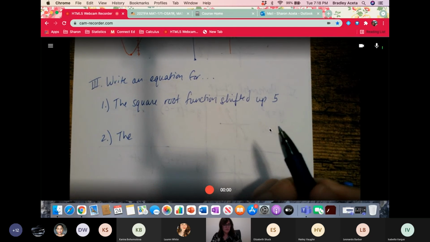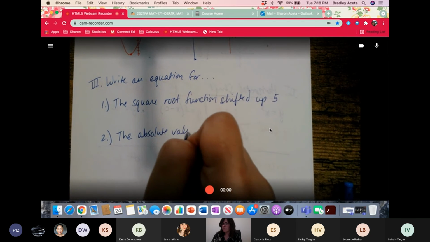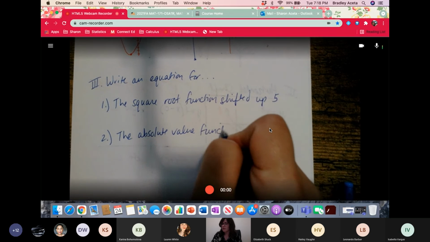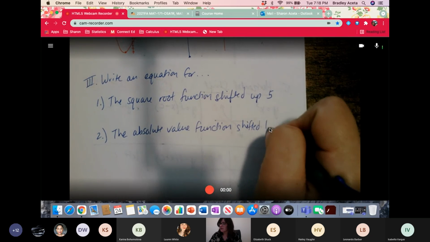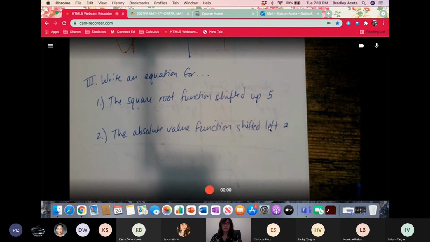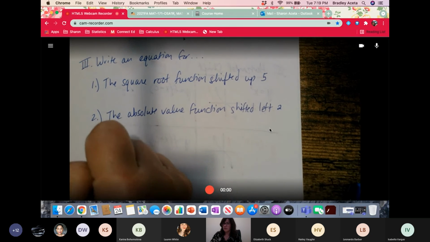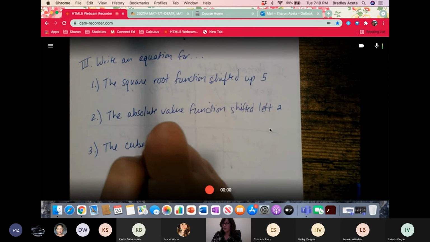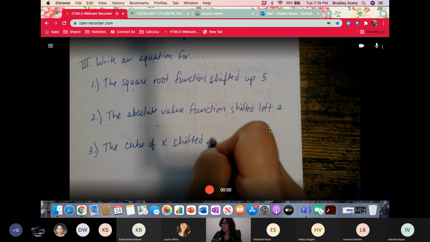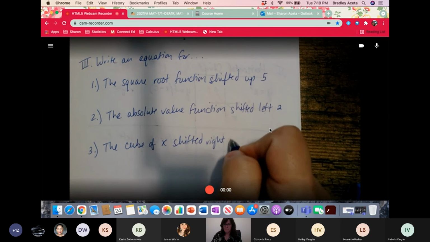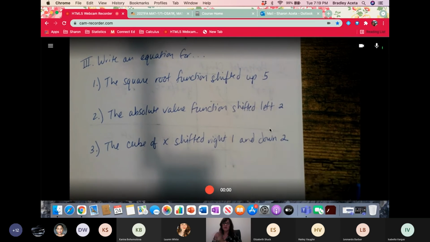Then write an equation for the absolute value function shifted left 2. And we'll do one more. The cube of x shifted right 1 and down 2.